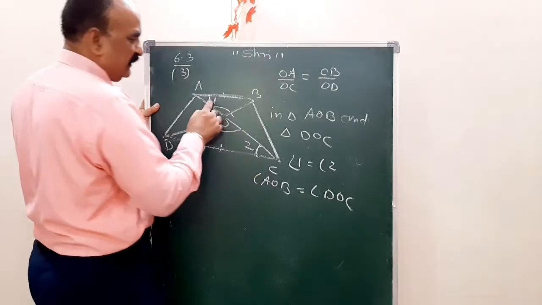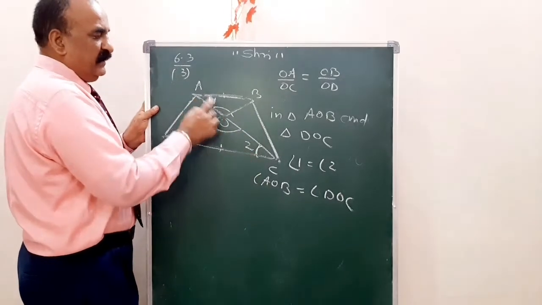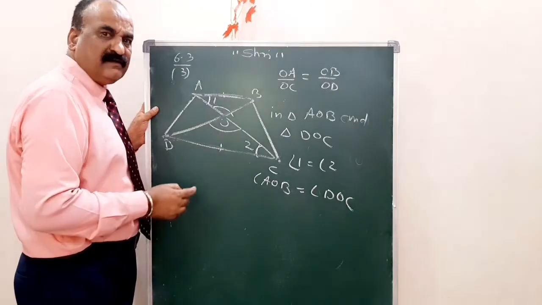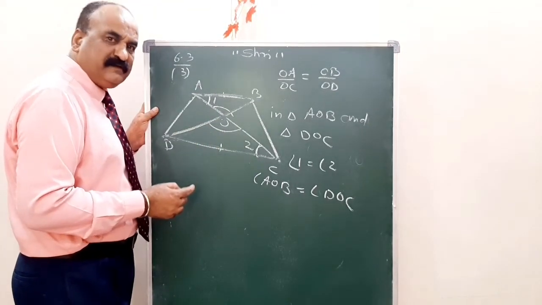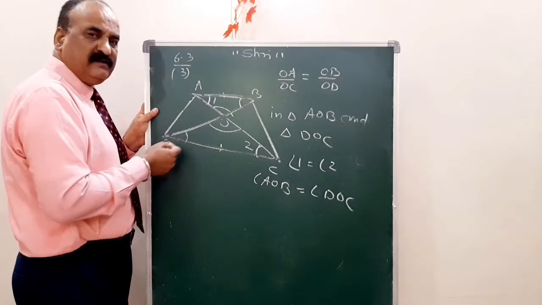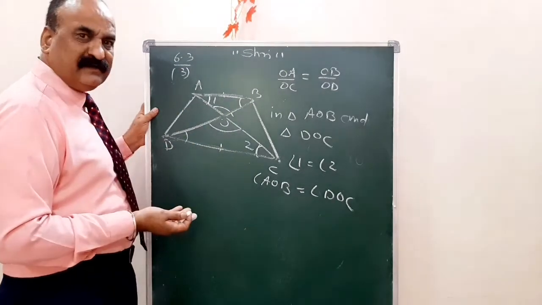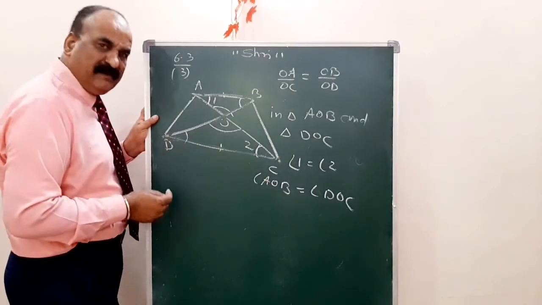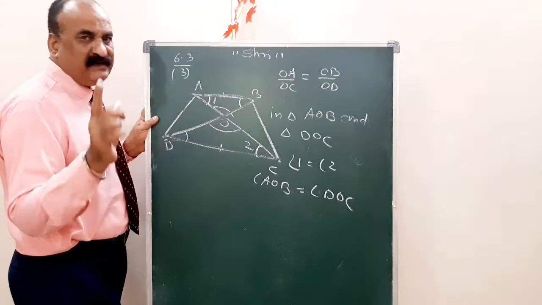It means angle 1 is equal to angle 2 and angle AOB is equal to angle DOC. It means these two triangles are similar by the AA similarity. Or you can say one more thing, this angle is equal to this angle; these are also alternate angles. Ultimately both the triangles are similar by AA similarity.